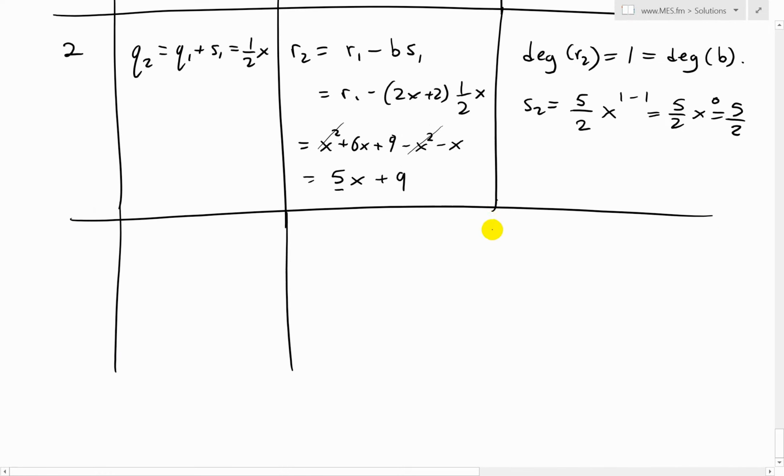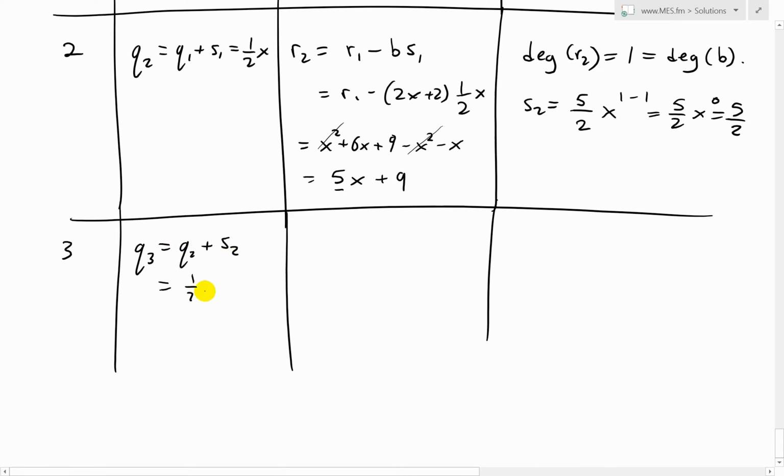So that's what we have when we move over here. Expand this out. We get the third one here, or I'll put it over here, 3. Q3 is always going to be Q2 plus our S2, which equals 1/2 x plus S2, which is 5 over 2. And then we just add that over here.